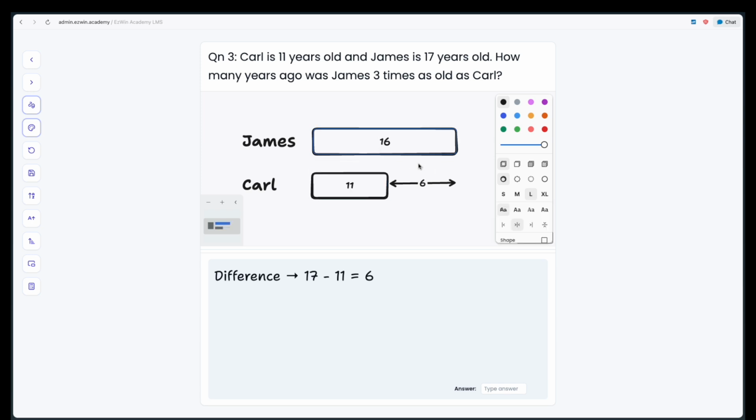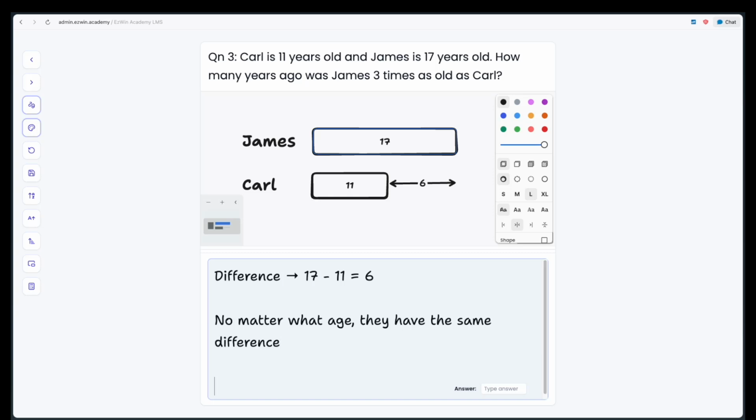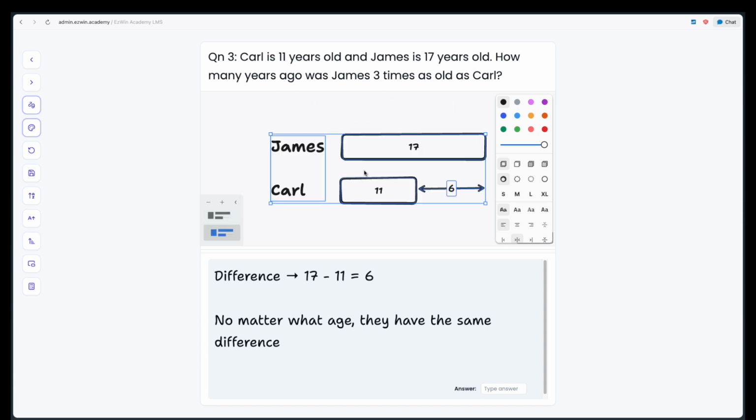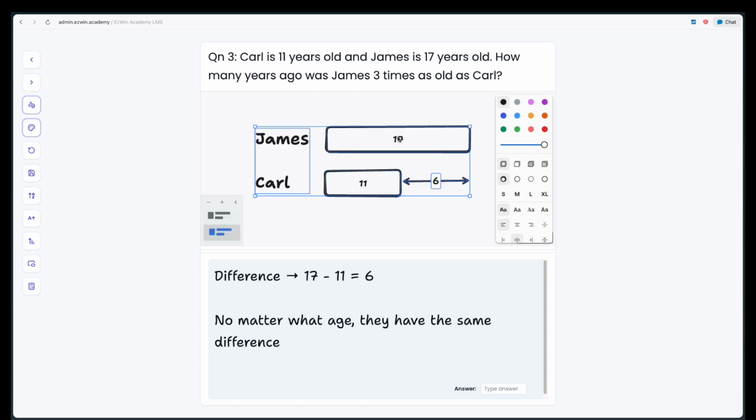So in this case over here, this will be 17. So no matter what age, they have the same difference. So with that said, that means James and Carl, if they have the same difference, that means over here James will be 3 units, right? 3 units, and then Carl will be 1 unit, because how many years ago was James 3 times as old as Carl.